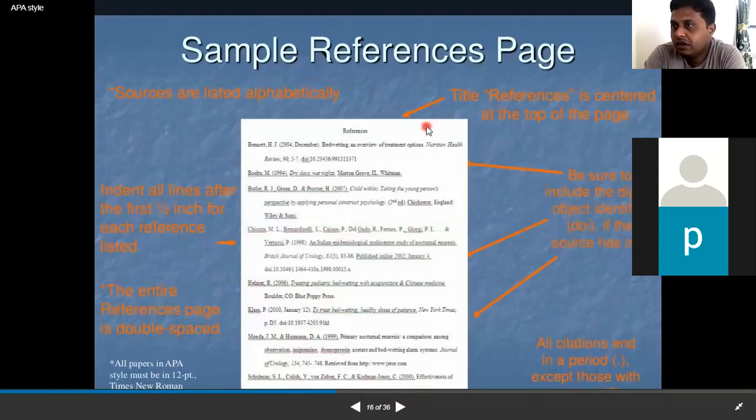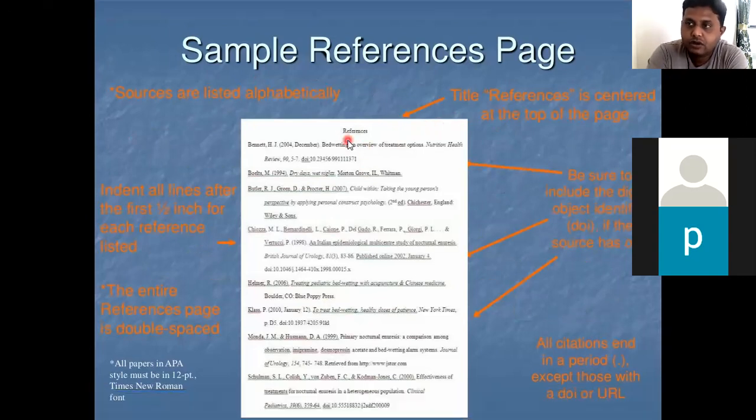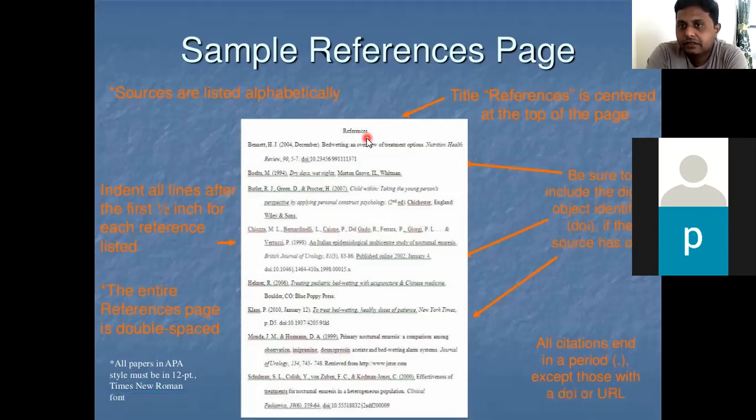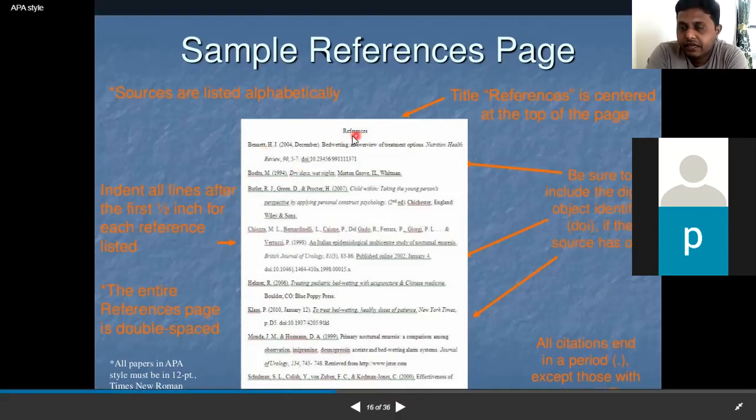In the case of MLA style, there is the heading Works Cited, but in the case of APA, here comes the heading that is References. Okay. The common thing is that these references or works cited, they are arranged alphabetically, right? Alphabetically. That's the common thing.